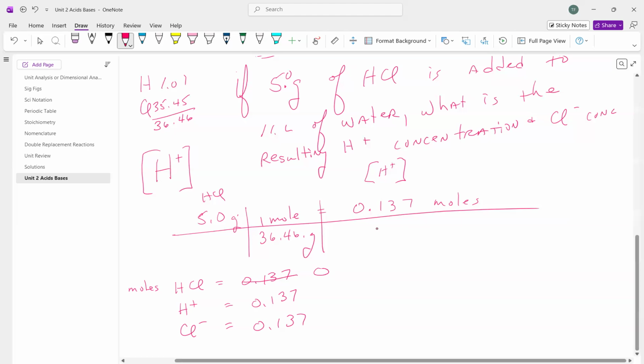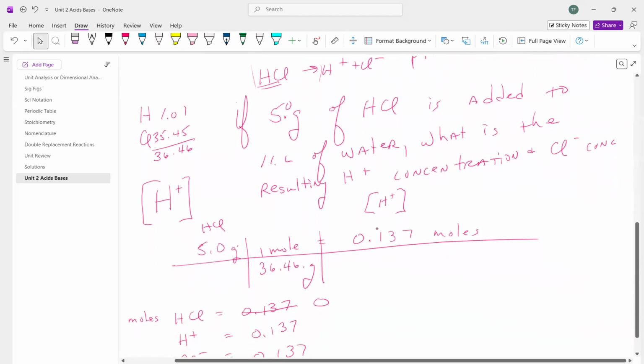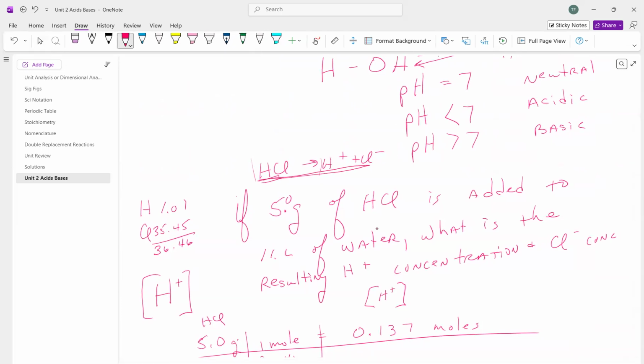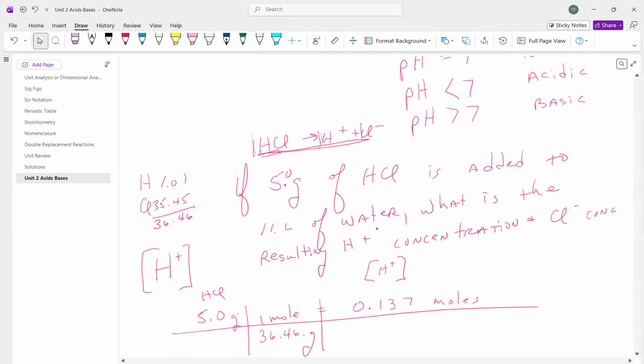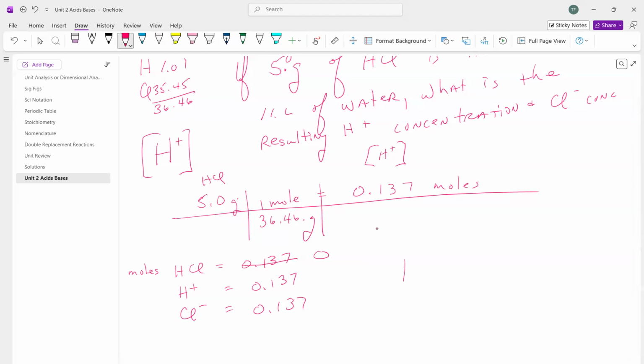But because of our balanced equation, right here, there's a 1 to 1 to 1. So we know that the H moles and Cl moles are the same thing. All right, so now we know moles, and the volume is 1.1 liters.